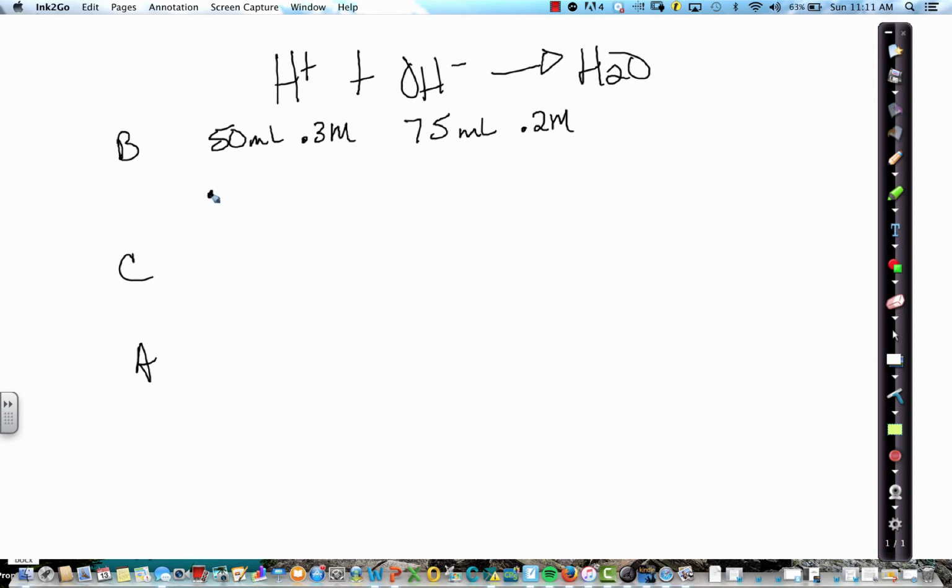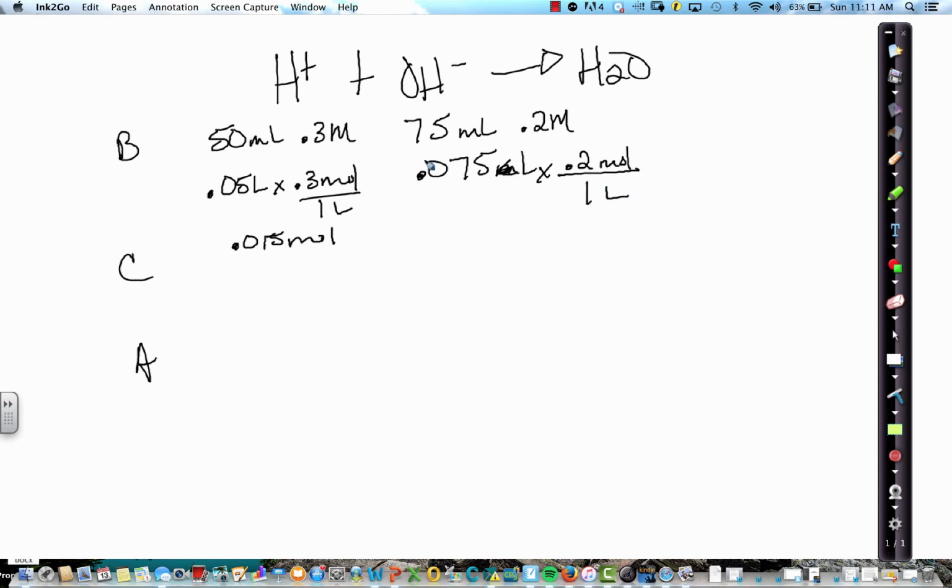So 0.05 liters times 0.3 moles per liter is 0.015 moles. And this will be 0.075 liters multiplied by 0.2 moles per liter. This will also give me 0.015 moles.